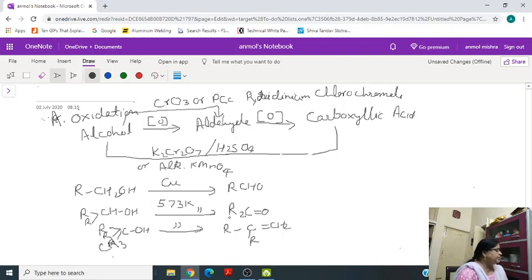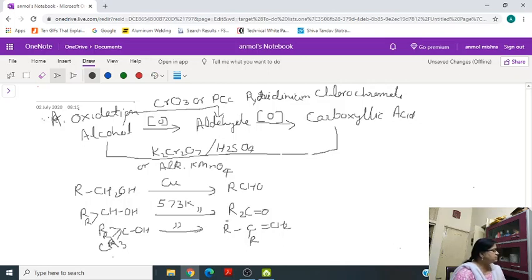So primary alcohol and secondary alcohol undergo dehydrogenation to form aldehyde and ketone, whereas in the case of tertiary alcohol it undergoes dehydration.